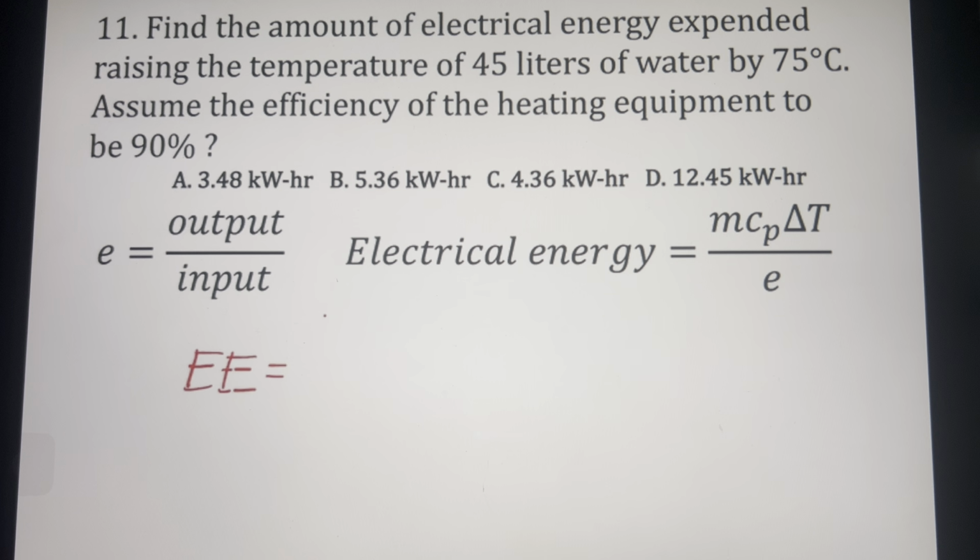So from the density formula, rho is equal to m over v. So the mass is equivalent to density times volume. So we must also know the density of water, which is 1 kilogram per liter. And our volume is 45 liters.